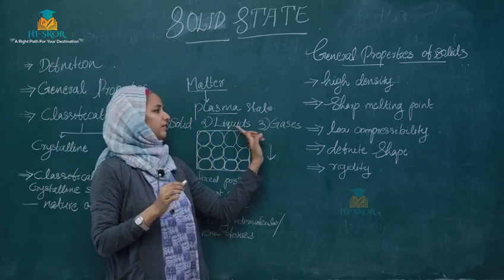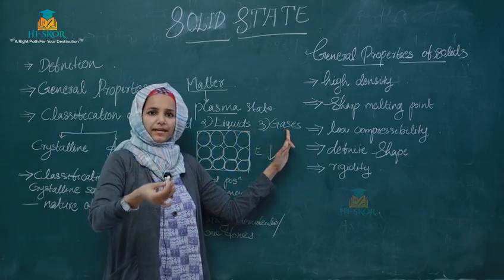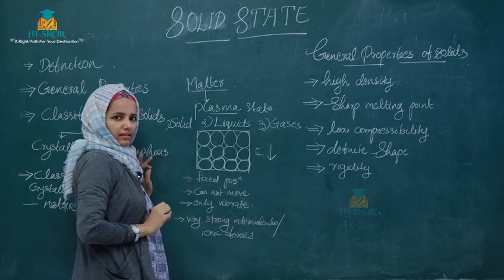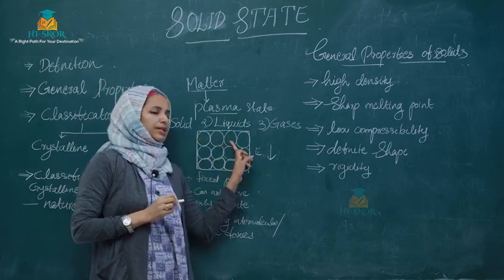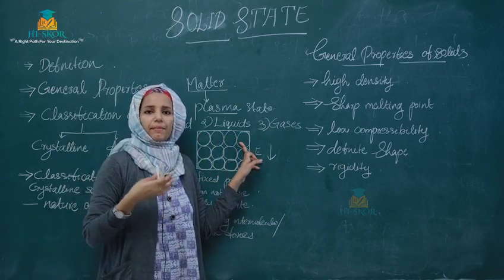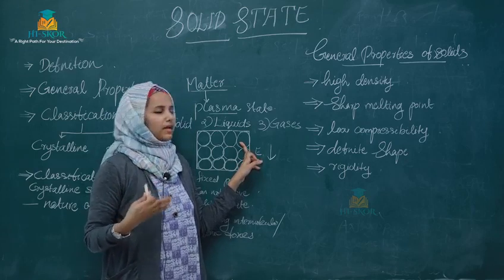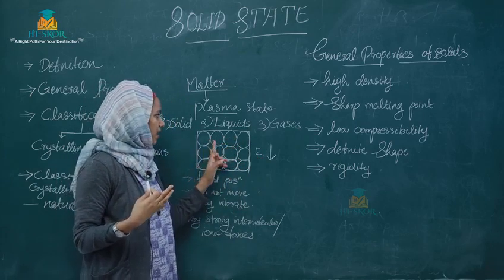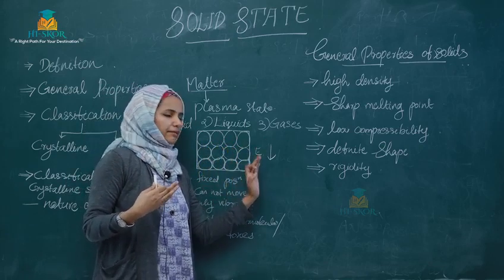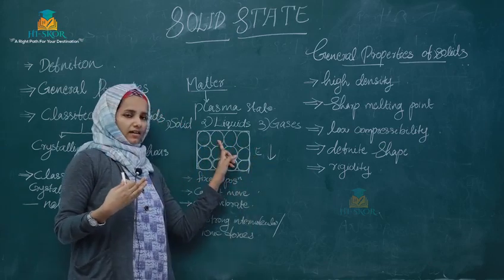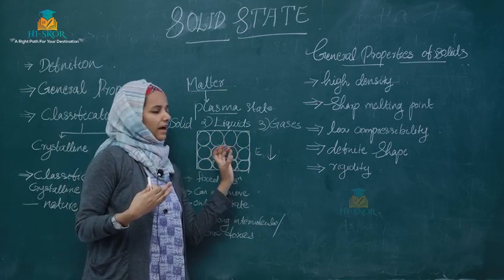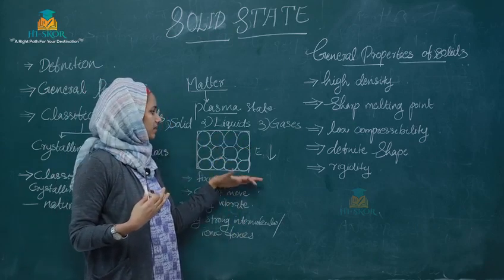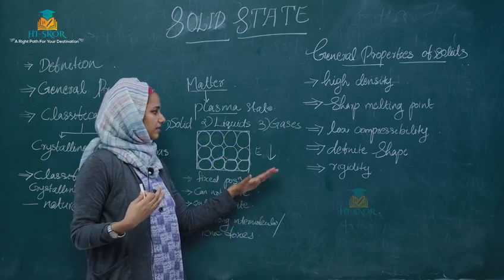When energy is increased, it becomes liquid, and with further increase, it becomes gas. So, a solid is a substance in which the constituent particles, which may be atoms, molecules or ions, are very closely packed with minimum kinetic energy, and they have a strong force of attraction between the molecules or ions. Such substances are called solids.